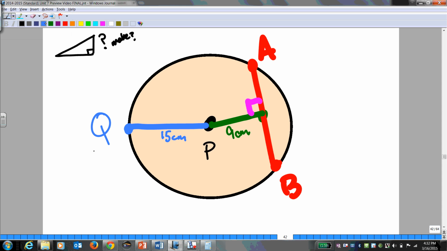And remember, we can always draw or move in radii. So if that's a radius here of 15, ask yourself, is there somewhere else you can draw that radius? Exact same radius, behold. Oh my goodness, looky there. It's a right triangle. Bring that 15 over.